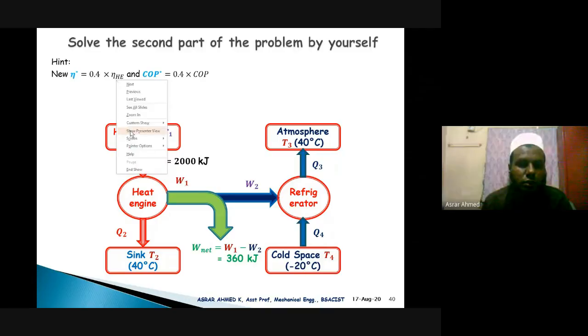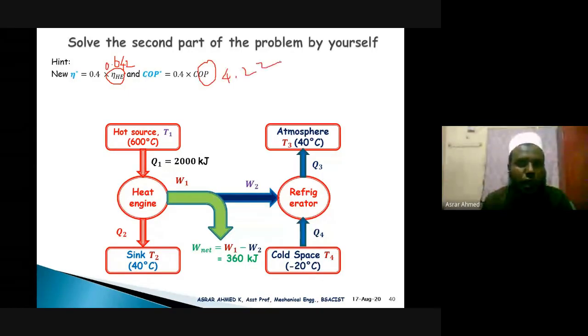This we have already found out as 0.642 in the first slide, and this we have found out as 4.22. So we have to find new efficiency by multiplying 0.4. What is the 0.4? 40%. 0.4 into 0.642, you'll be getting one more efficiency.